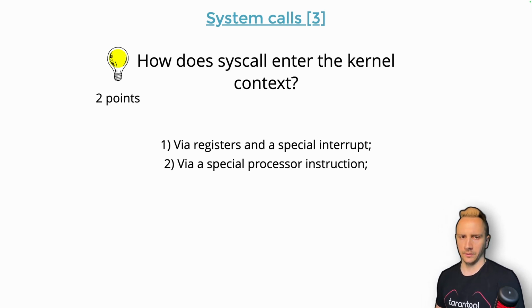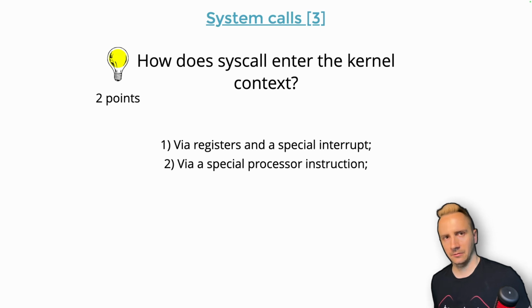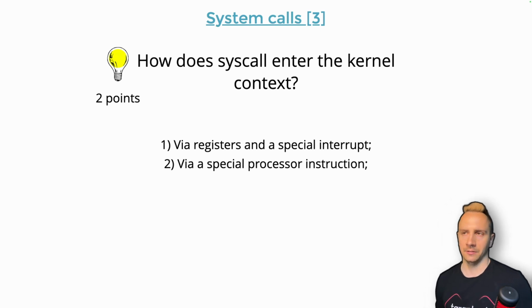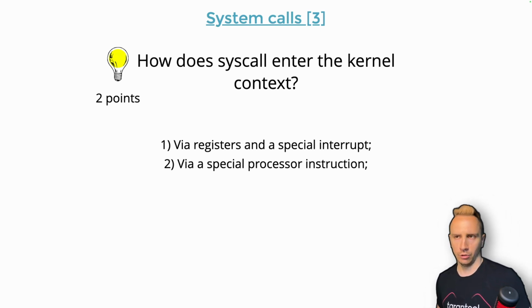So we know of at least one way to enter the kernel. It's interrupts. And every time an interrupt is happening, a kernel handler is invoked. So if we could somehow in a user space process trigger an interrupt, then we would be able to enter the kernel context.